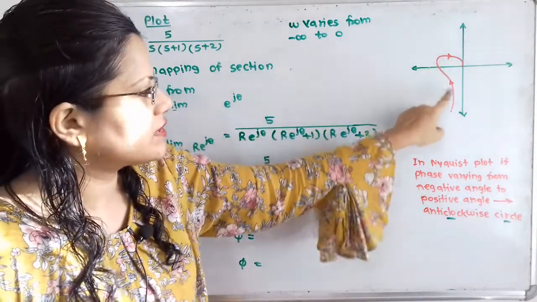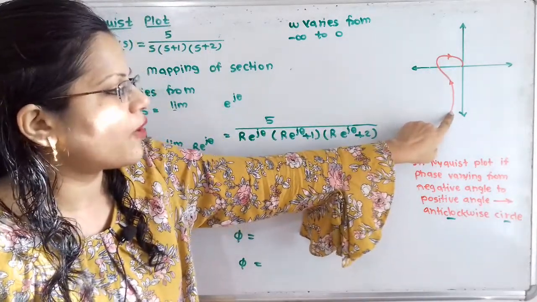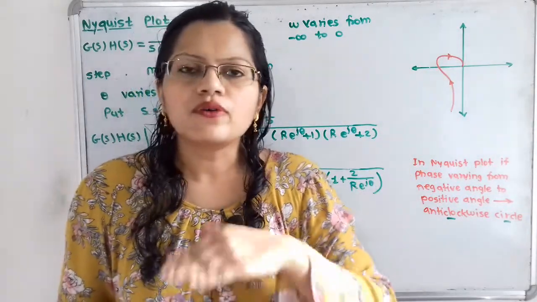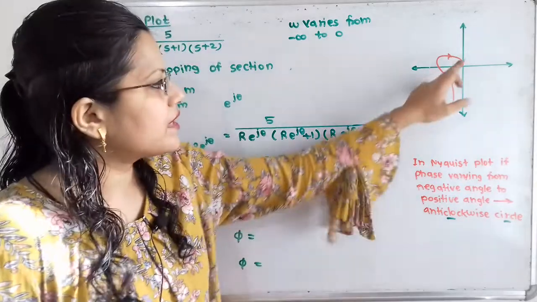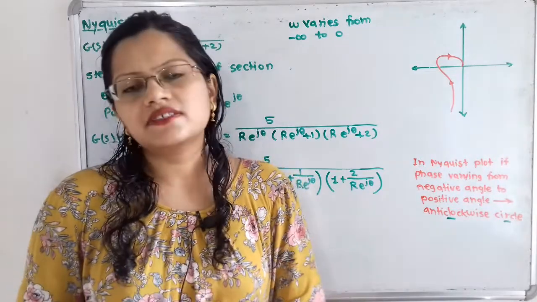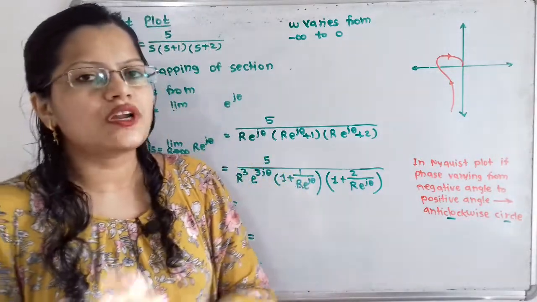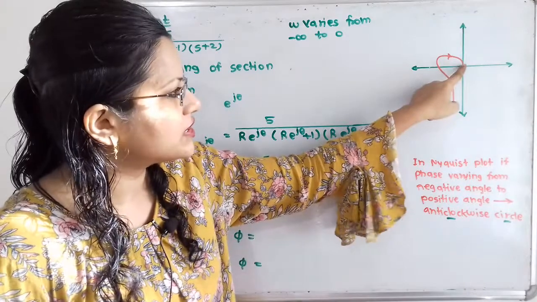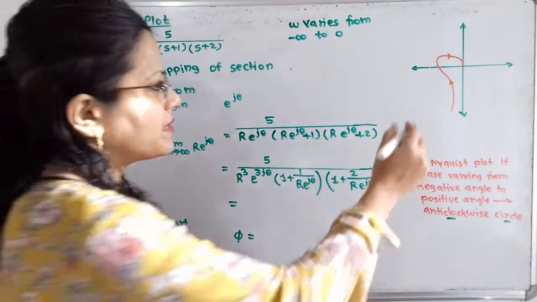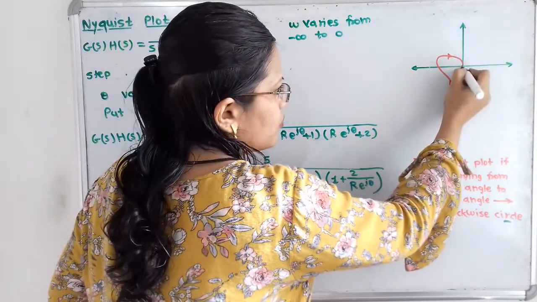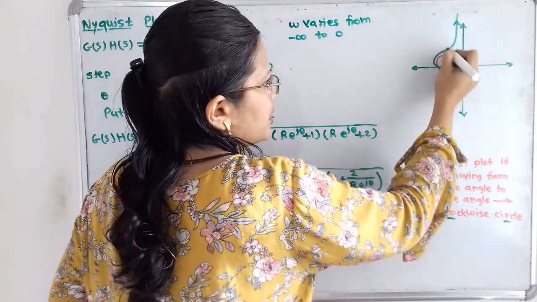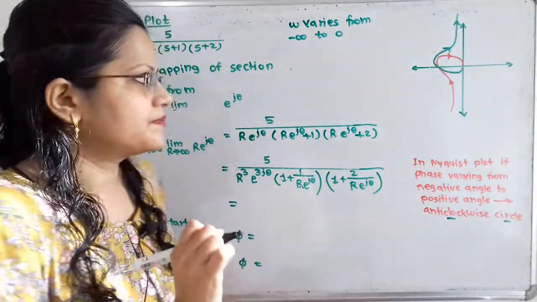This polar plot starts from infinity and ends towards the origin. The inverse polar plot is the mirror image of this polar plot, so it starts at the origin and ends towards infinity. So I will draw the mirror image, starting at the origin and ending towards infinity, and we have to show the arrow in this direction.